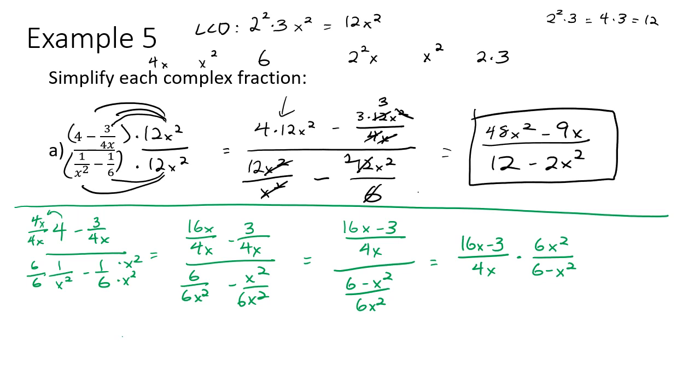And then we reduce. So 1x will cancel. We can reduce a factor of 2 out of both the 4 and the 6. And so we're left with, in the numerator, 16x minus 3 still times this 3 and this x left over on the right.